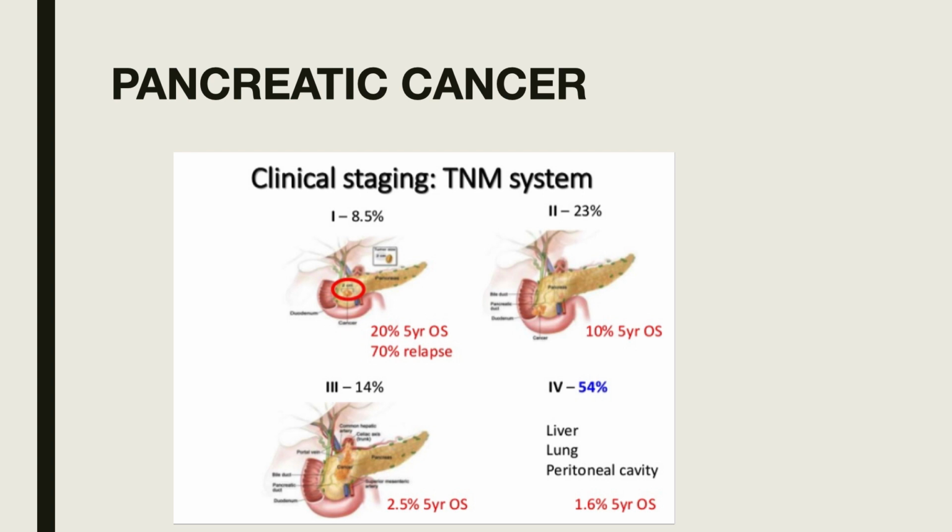For stage 2, a 10% 5-year overall survival, and stage 3, 2.5% 5-year overall survival. And for metastasis, patients in stage 4 who have liver, lung, and peritoneal cavity involvement have a 1.6% 5-year overall survival rate.